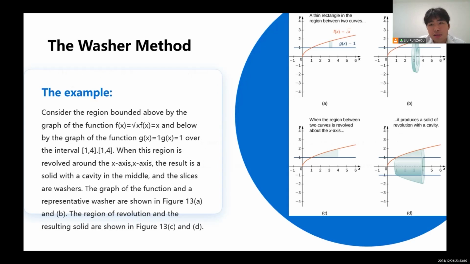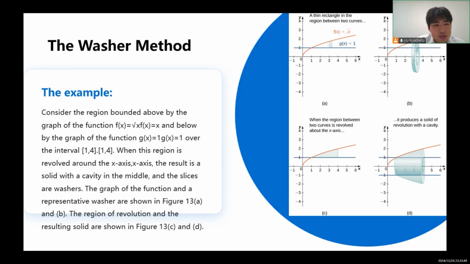Well, we can see that this is an example. We can consider the region bounded above by the graph of the function f(x) equals the square root of x, and below by the graph of the function g(x) equals 1, over the interval 1 to 4.